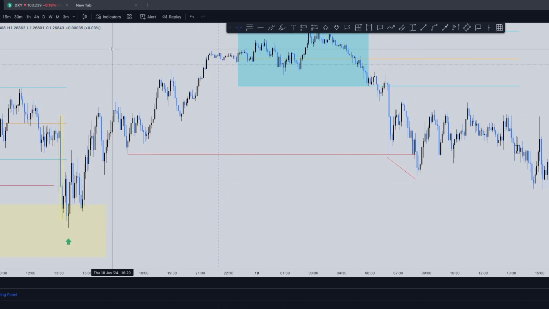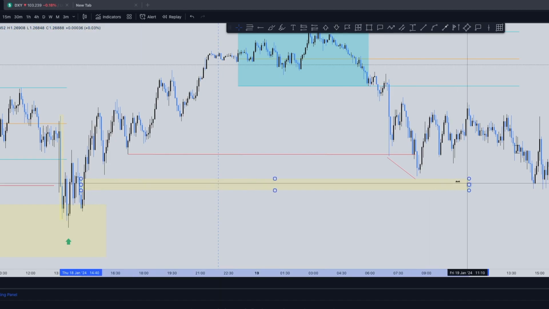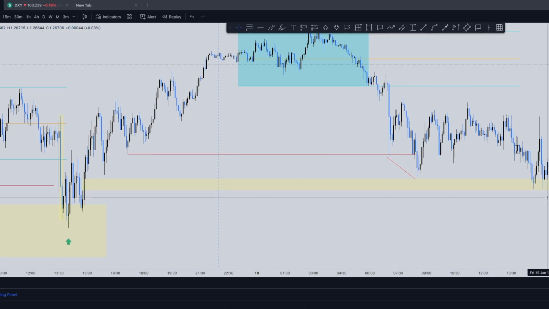Now, the demand zone that I had marked out for this was essentially this imbalance that we can see here on the M5, but price didn't hit into it here. So when I saw price didn't actually sweep into it, I was hesitant to get into the trade.